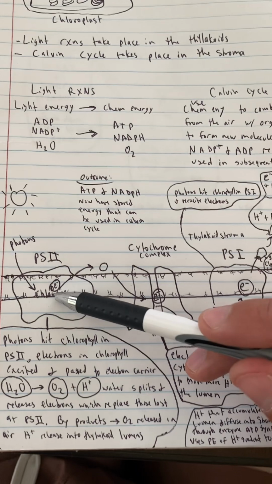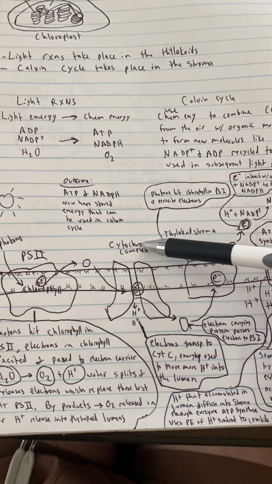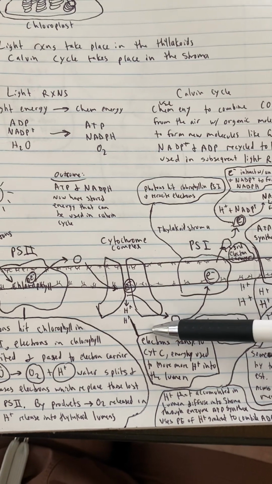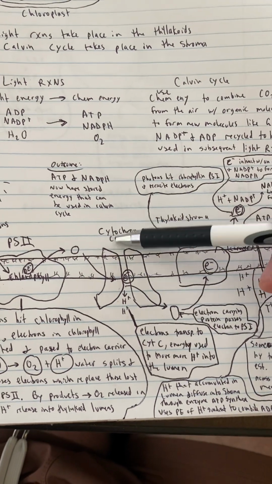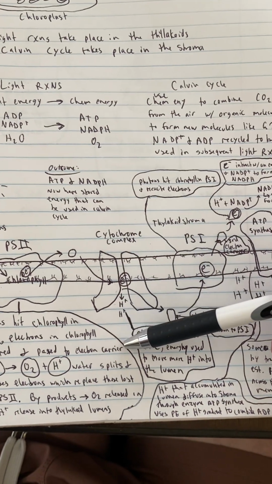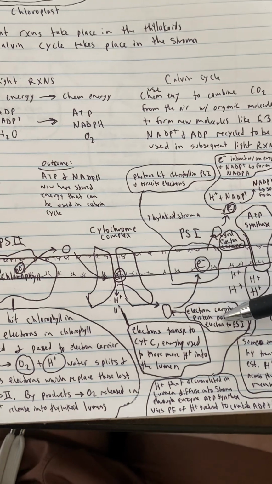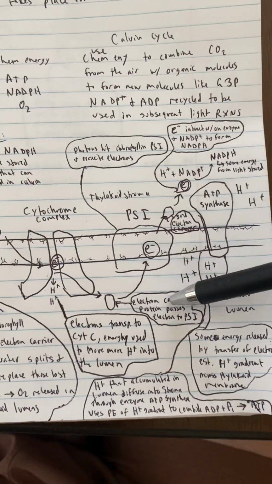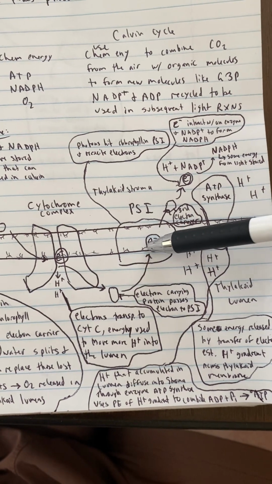Then the electron is transported to this cytochrome complex, and the energy from that electron is used to move protons into the lumen of the thylakoid. From there, an electron-carrying protein, shown here, will pass that electron to photosystem 1.